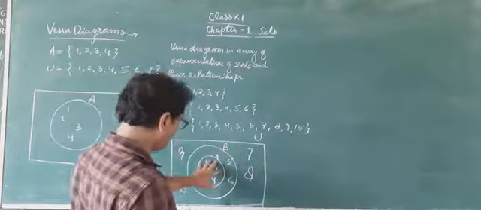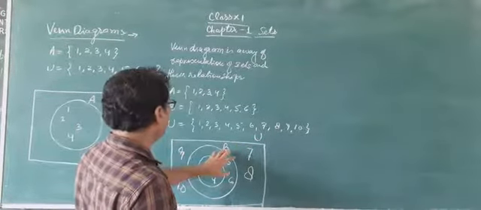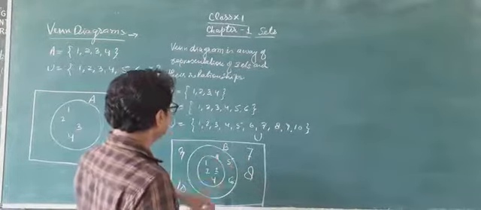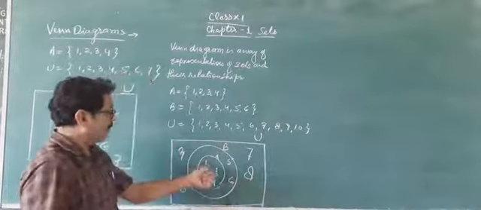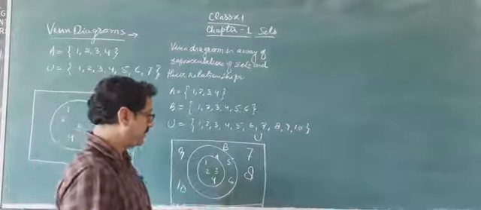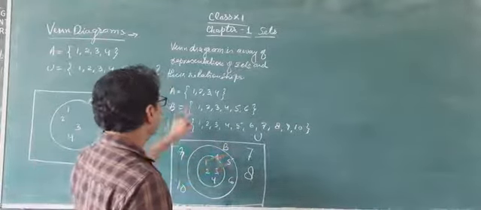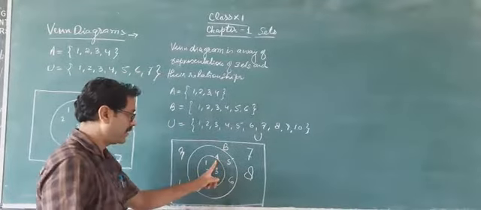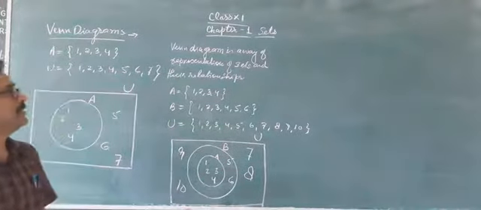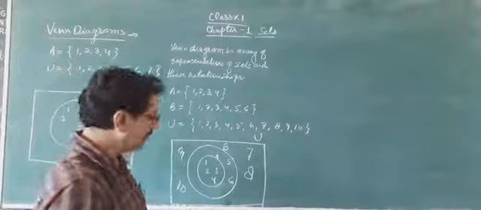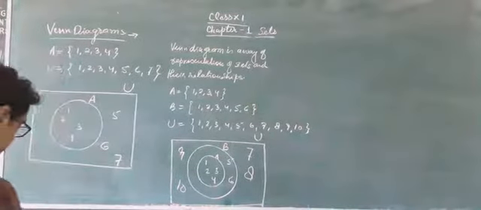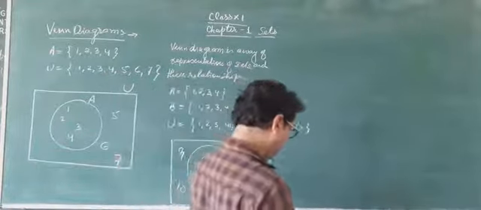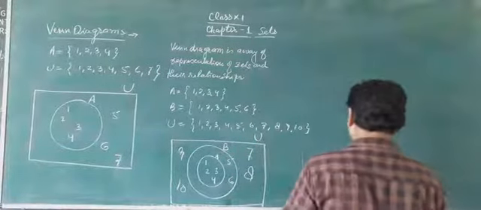This is set A, this is set B. All the elements 1, 2, 3, 4, 5, 6 lie in B, and 1, 2, 3, 4 only lie in A. So this is the representation of a Venn diagram.